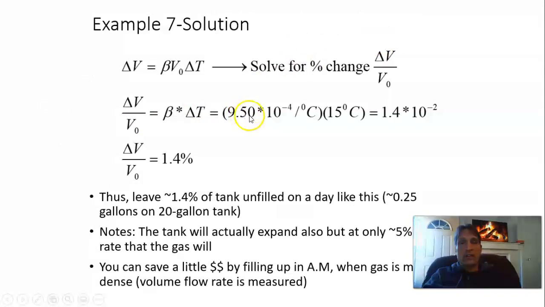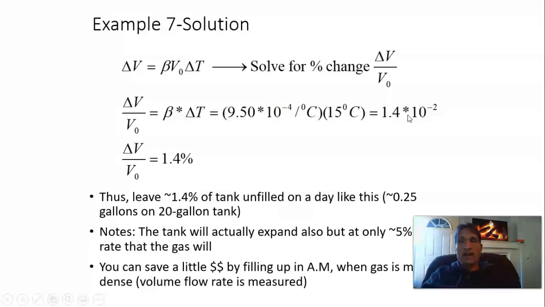For gasoline, we plug in 950 times 10 to the negative 6, which is 9.5 times 10 to the negative 4. That's the fractional change per degree Celsius. Then we multiply it by the change in temperature, and you see the Celsius units cancel.